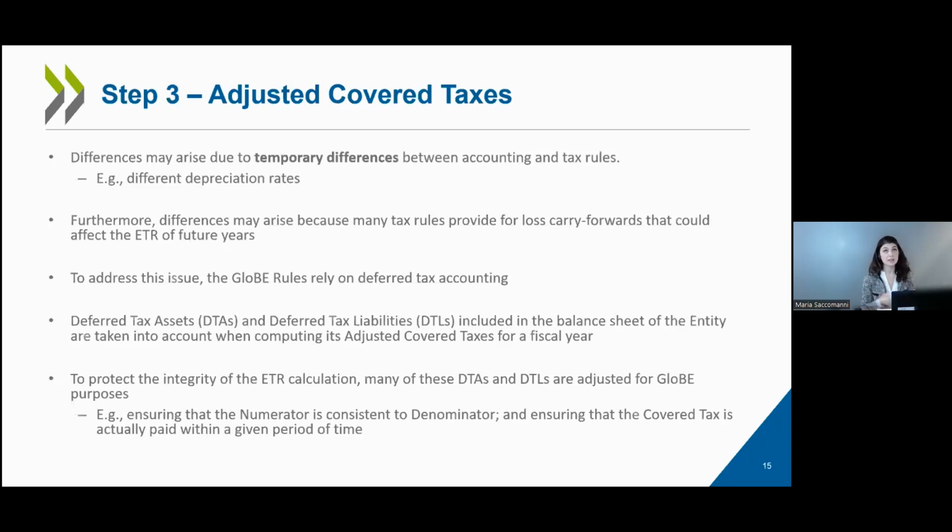On the other hand, try to prevent some sort of abusive behavior where, for example, a DTA could be, let me say, artificially created, because a DTA that is good for Pillar 2 purposes means that I have the right to increase taxes in the future, because the reversal of DTA is a deferred tax expense increasing ETR.